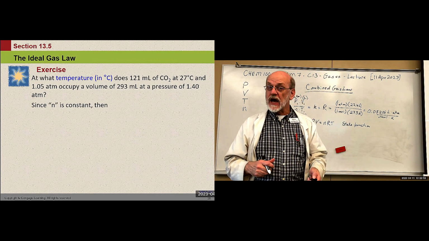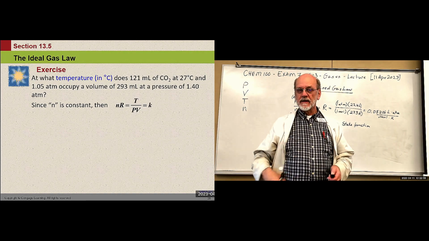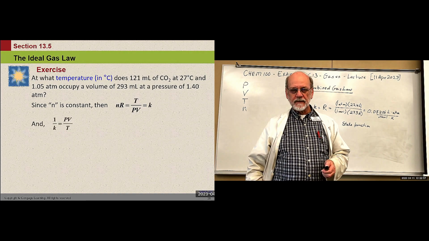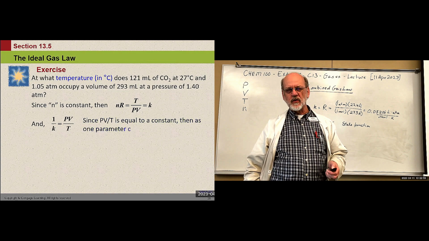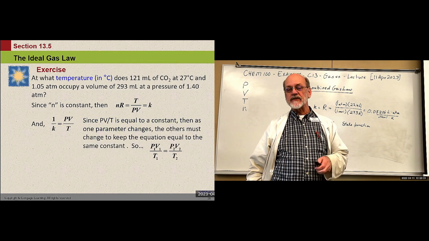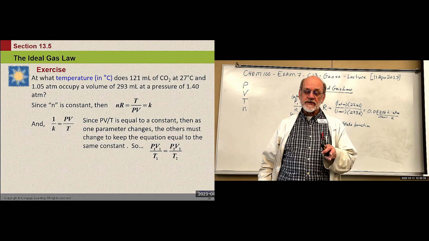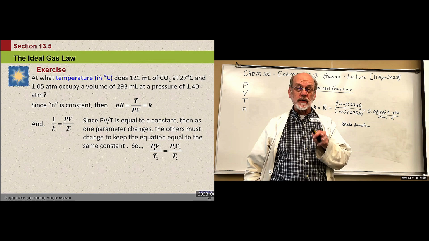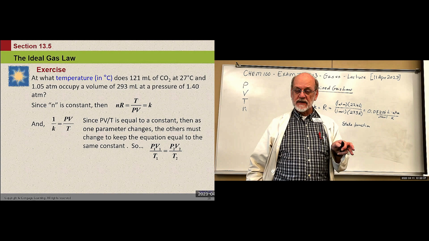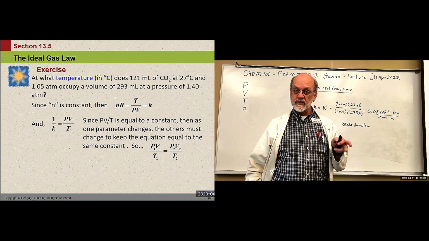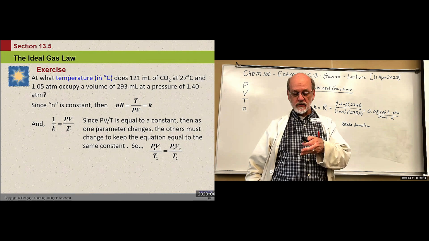The number of moles is constant, so this is deriving the combined equation there. That's the one we're going to use. Since the moles is constant, the moles term drops out, and we only have P1V1 over T1 equals P2V2 over T2.